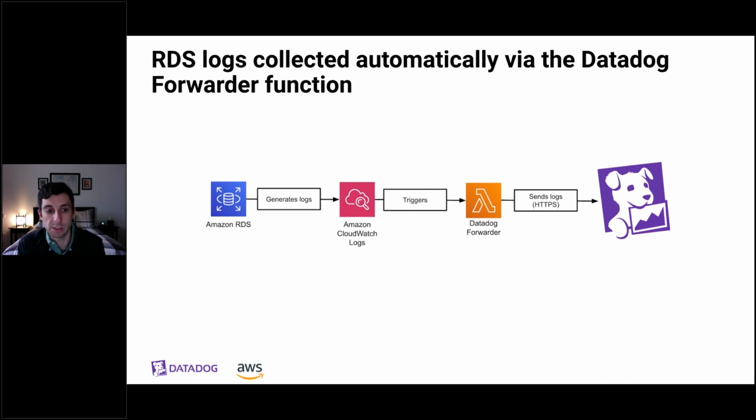If you're sending those to CloudWatch logs or S3, you can automatically send those on to Datadog via the Datadog forwarder Lambda function that I was mentioning. And we've got a number of different ways you can deploy all these components that make it as simple as possible to stand up the various pieces that you see here.